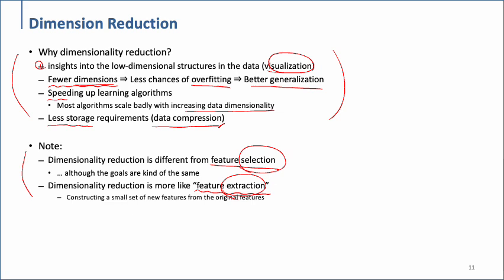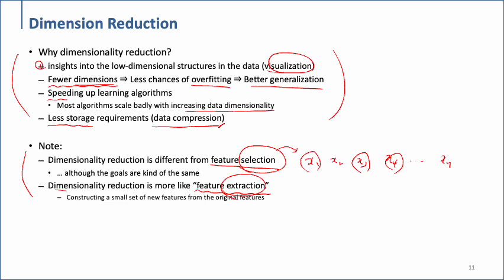For example, let's say you have some features like x1, x2, x3, x4 and so on up to xn, and among these n features, if you just select these three features, that could be feature selection, and that is not the same as dimension reduction.